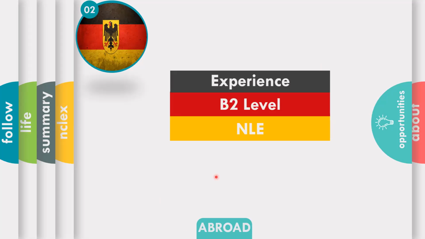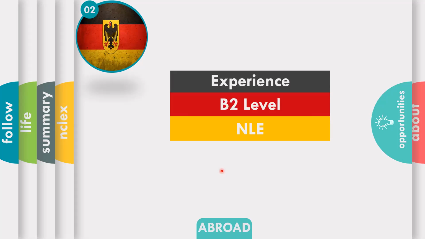You need to pass the German language until B2 level. So we have A1, A2, B1, and B2, until C1 and C2. But for registered nurses, for Filipino nurses, Germany only requires up to B2.